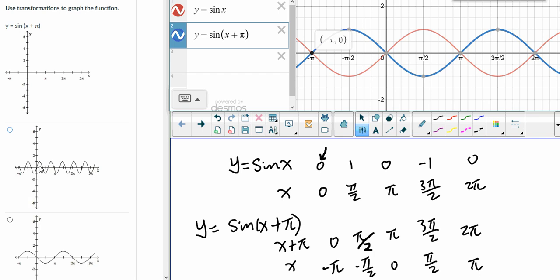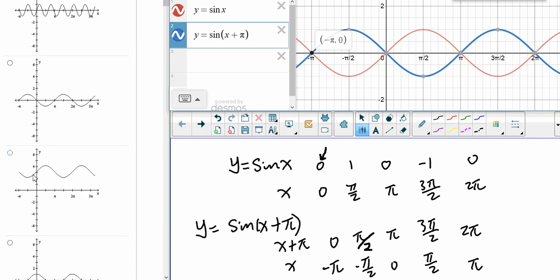Because from here 0 goes to 1, 0, -1, here is 0, so that's one period. This pi is not going to change the period. It only shifts the graph. Here is pi unit to the left.